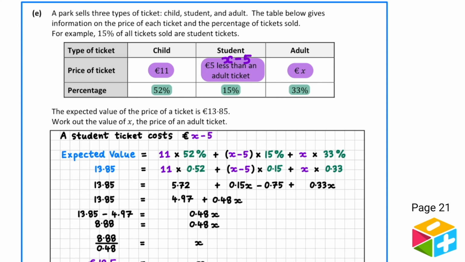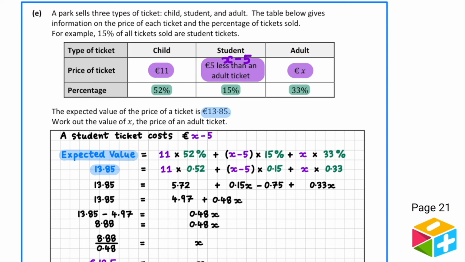Here, we'll get 11 times 52%, X minus 5 times 15%, and X times 33%. The expected value is found by adding these 3 terms together. In this question, we're told that the expected value is 13.85.